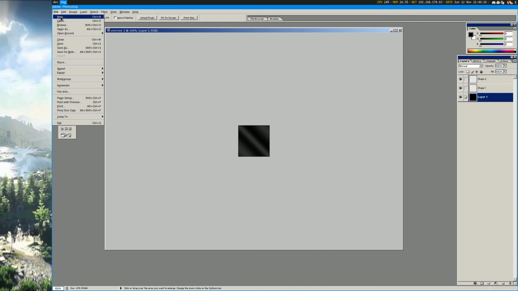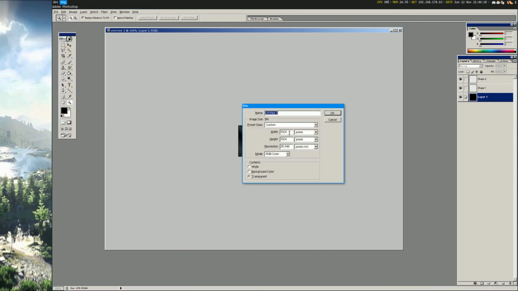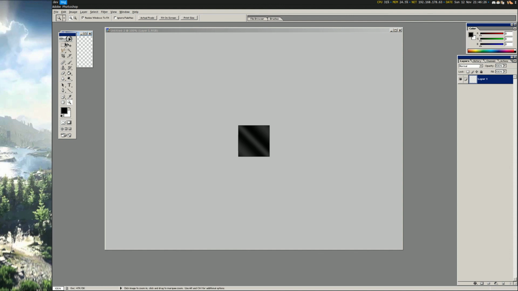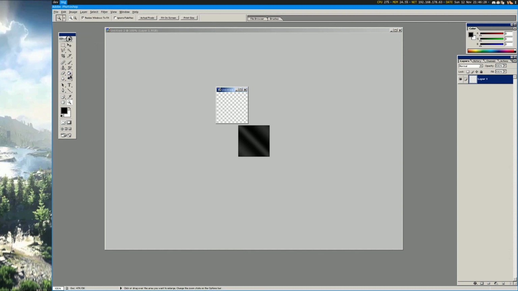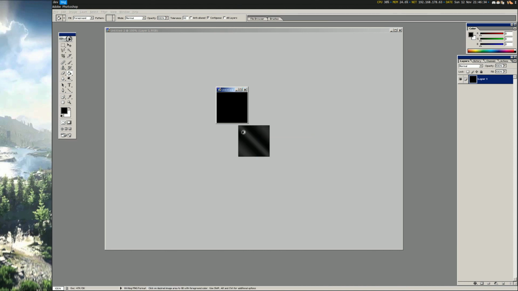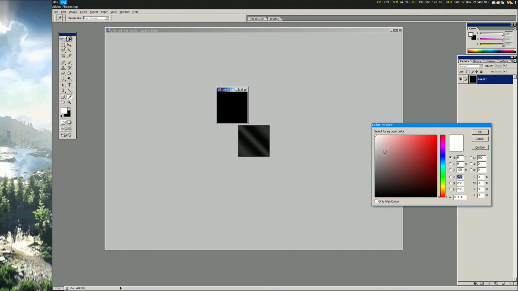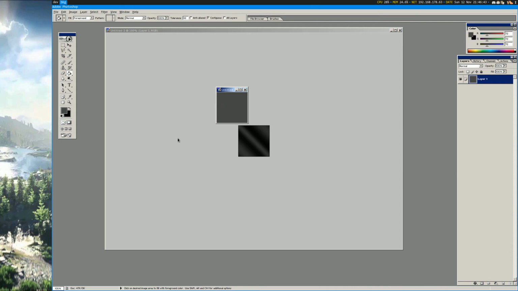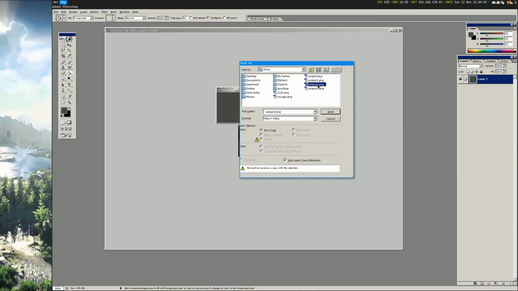So let me hold on. 127 pixels. We're gonna make you black. You're gonna be innermost. And then we're gonna make you not quite that, but brighter. You're gonna be middle.